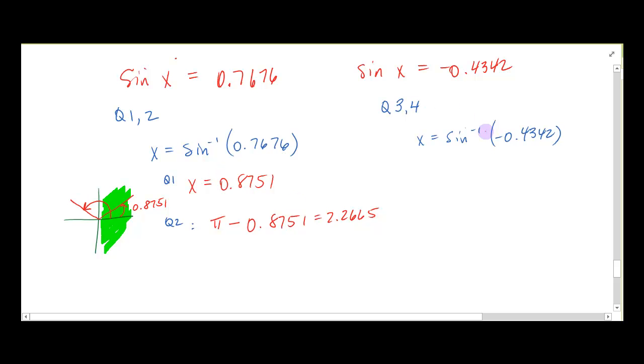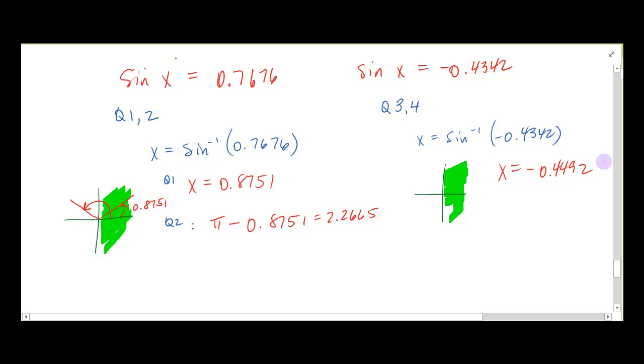And we're going to do the same thing over here, only we're applying it to quadrants 3 and 4. So it usually helps if I draw a picture. So again, when I take the inverse sine on my calculator, it gives me back these angles in quadrants 1 and 4. I know that I'm looking for angles in quadrants 3 and 4 though. So when I take the inverse sine, the calculator gives me back -0.4492.